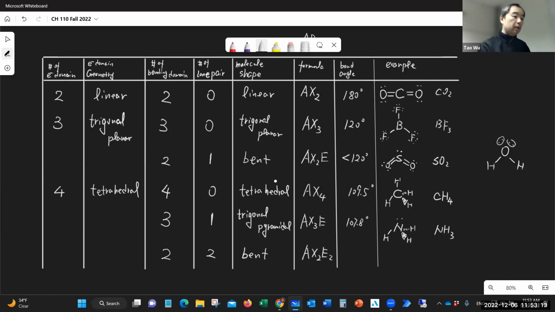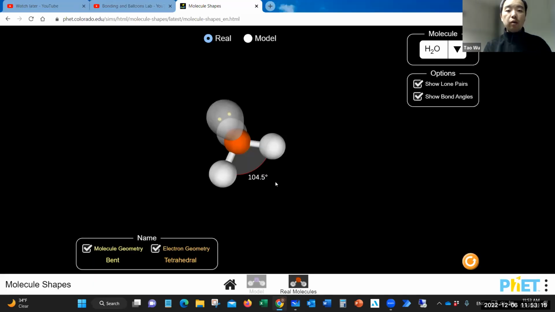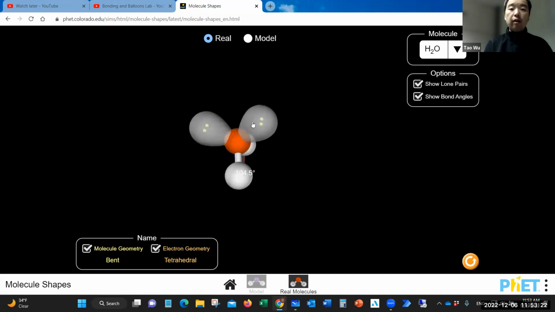If you look at the bond angle, this bond angle is even smaller, right? The reason is that it has more electron lone pairs. The more electron lone pairs, the more they push on the bonds and make the bond angle even smaller, because the lone pairs occupy even bigger space.